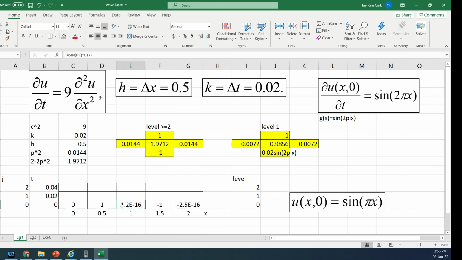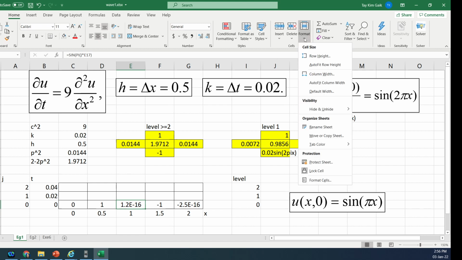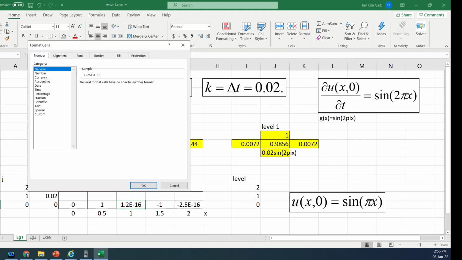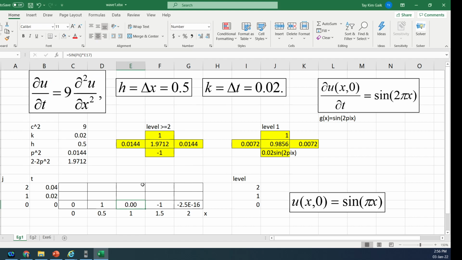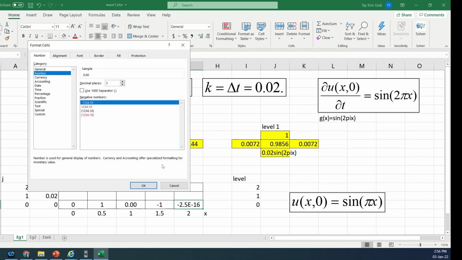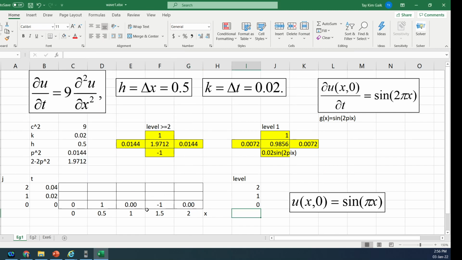You see this is actually 1.2 times 10 to the power of negative 16, which is actually equal to 0. Or you may format the cell, change the number, let's say take 2 decimal places. So it's 0 actually.